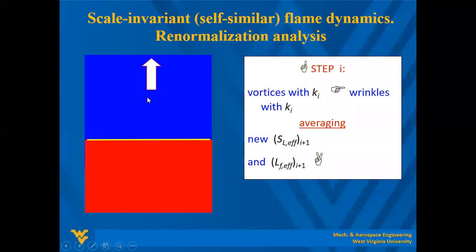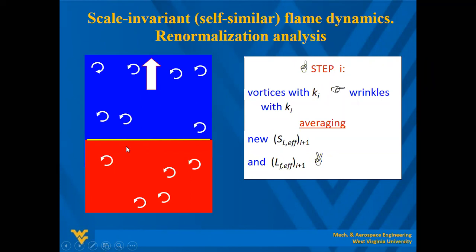So what are we doing? Let's say we have turbulent flow. Now don't consider the difference between blue and red here, the intensities. Your turbulent flow consists of many vortices, big vortices, small vortices, and so on. Let's say I consider the smallest vortices of size lambda, of wave number k.